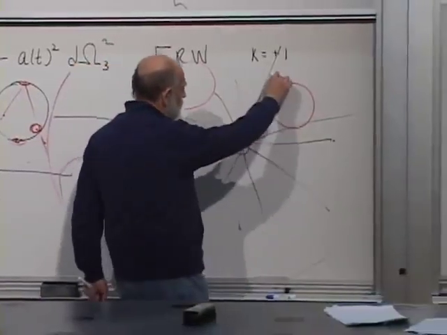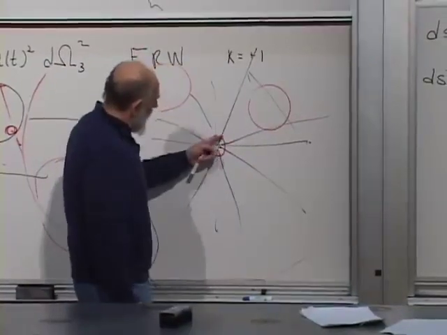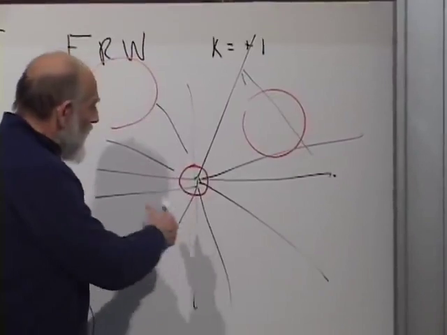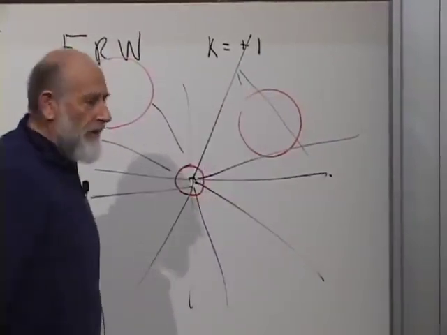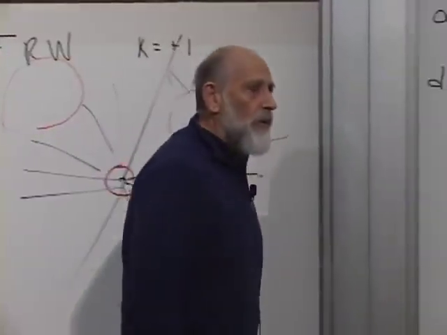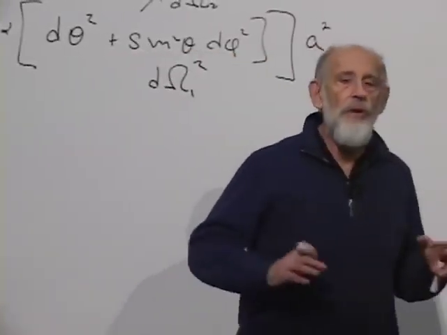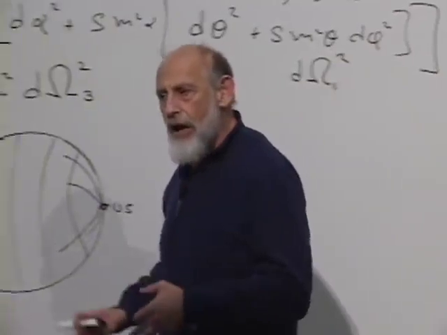And so if we were to draw triangles here, the angles would be bigger than they would be in flat space. But from the point of view of an astronomer looking out, let's suppose that astronomer was looking at a structure out there which he happened to know was the same size as our galaxy.